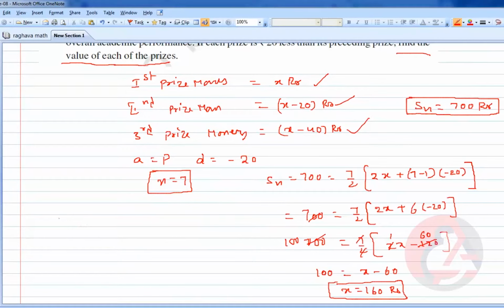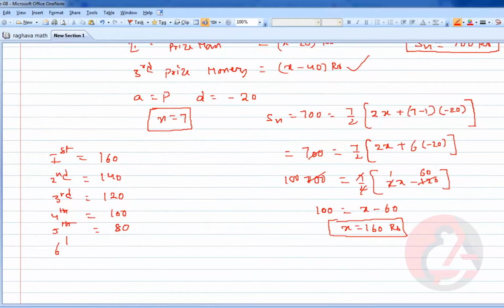I'm writing it here; it will be easy once I have the first cash prize. First prize is 160 rupees. Second prize is less by 20, that is 140. Third prize is 120. Fourth prize is 100 rupees. Fifth prize is 80 rupees.